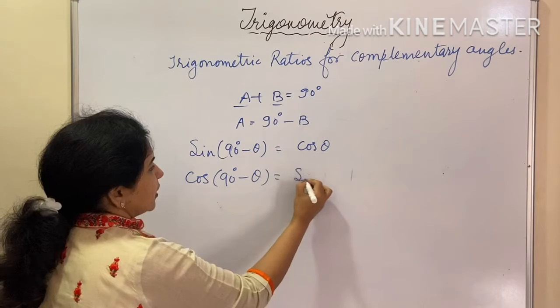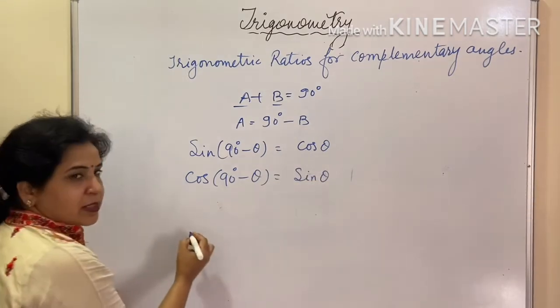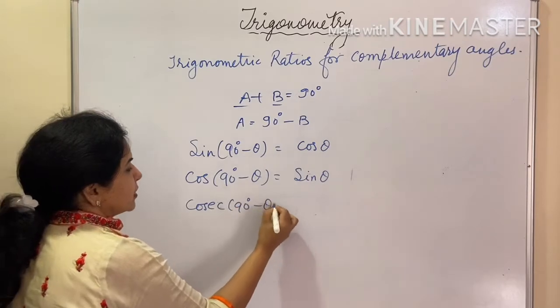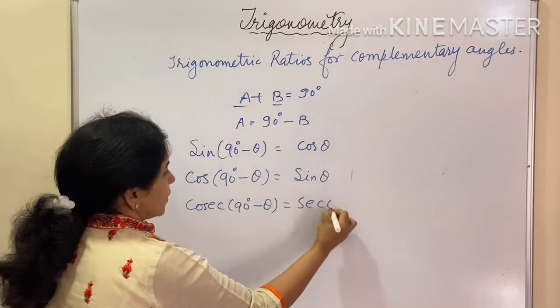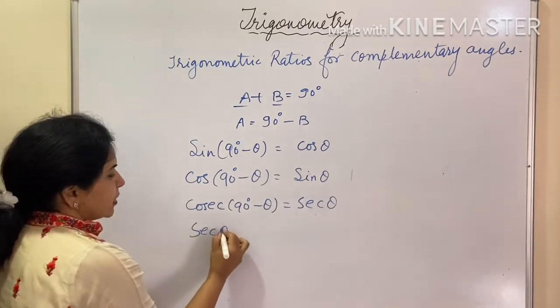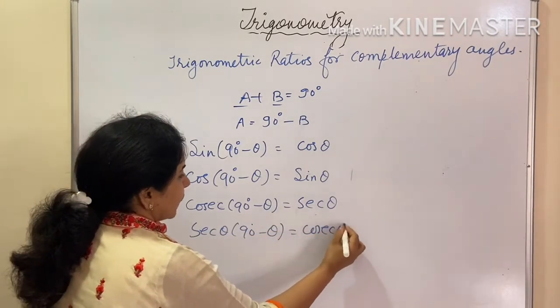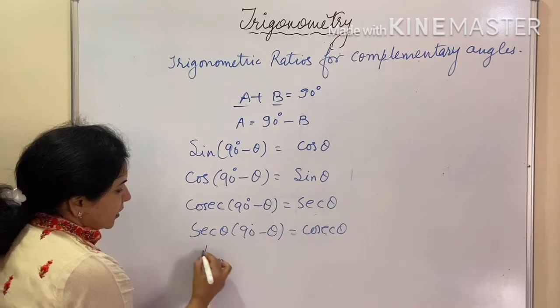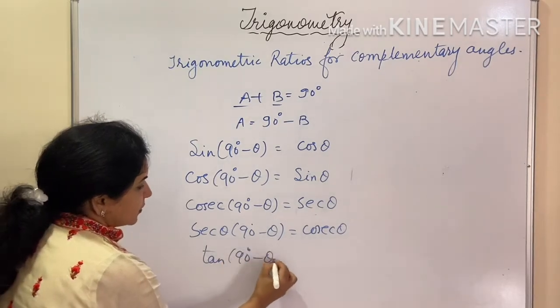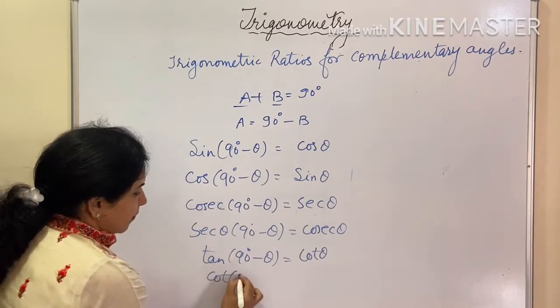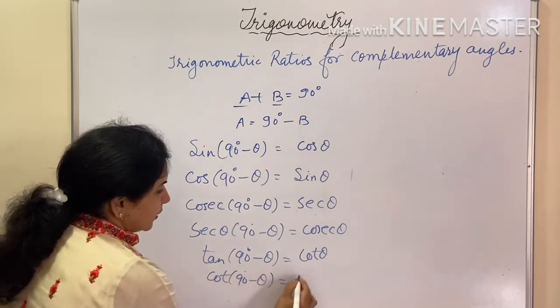Cos 90 degree minus theta is sin theta. Cosec 90 degree minus theta is sec theta. And sec 90 degree minus theta is cosec theta. Now tan 90 degree minus theta is cot theta, and cot 90 degree minus theta is tan theta.